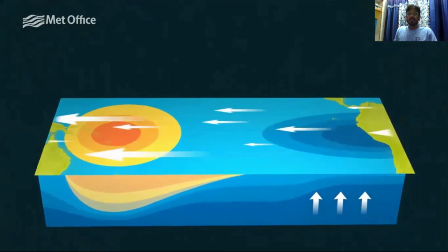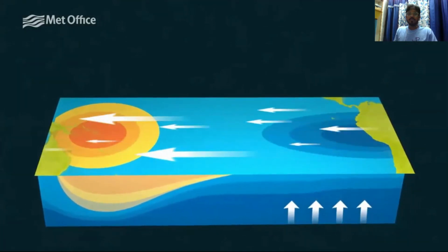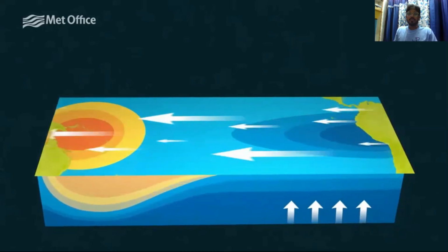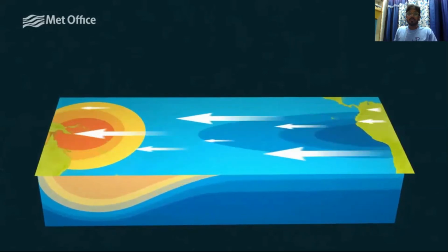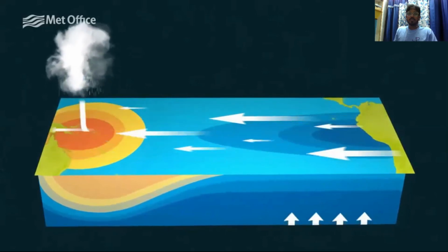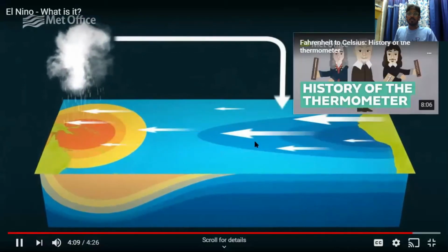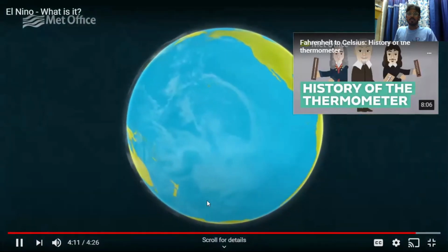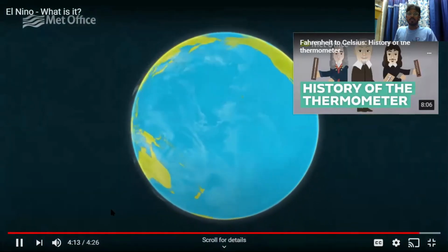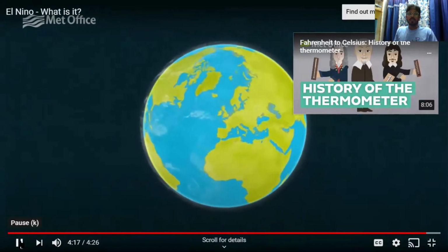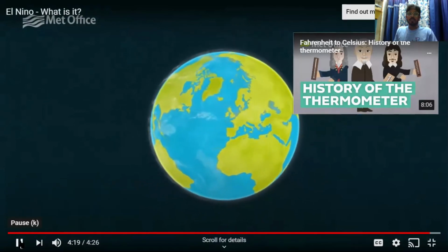This pushes the warmest water to the far western part of the tropical Pacific and increases the upwelling of cold water in the east. This cooler water extends out from the coast of the Americas towards the central part of the ocean. La Niña also impacts global weather and tends to have opposite effects to El Niño. You can also see more about La Niña and its impacts on our website.